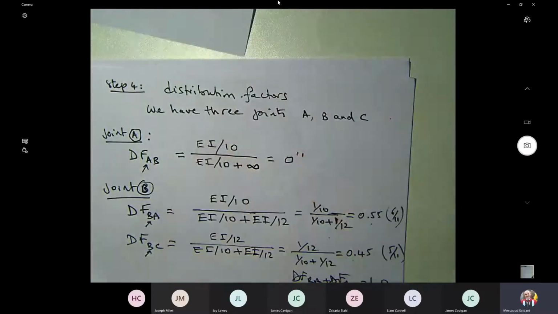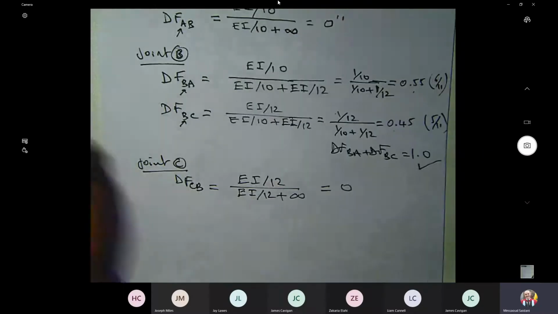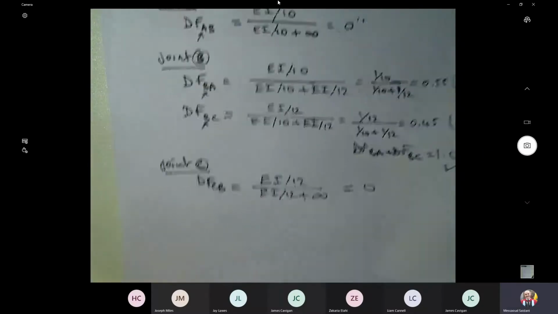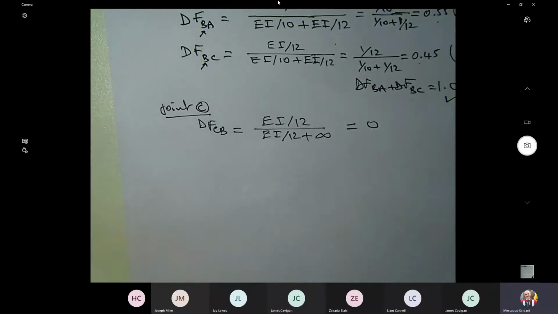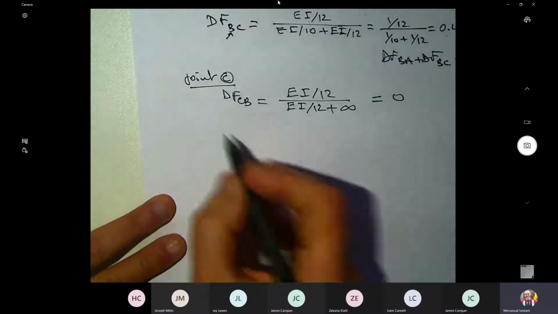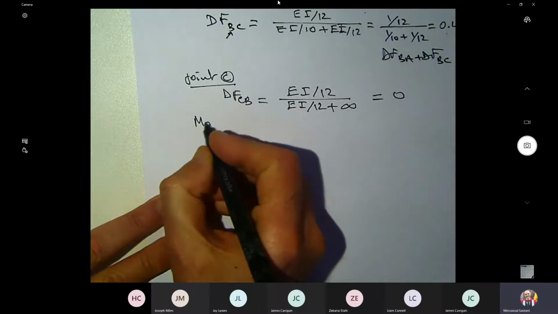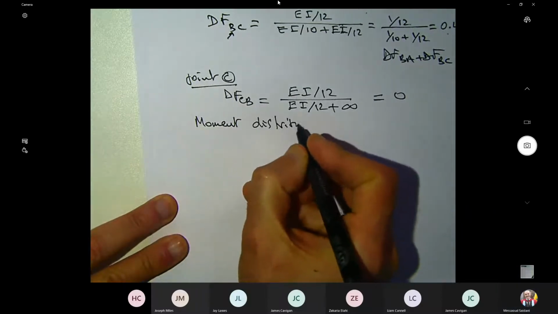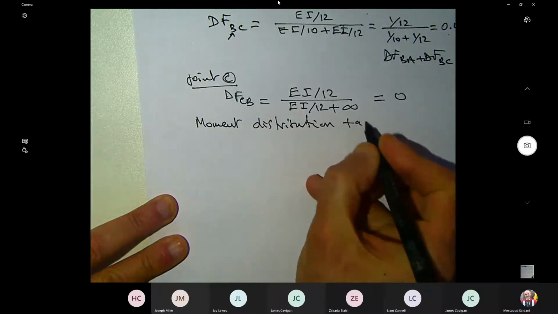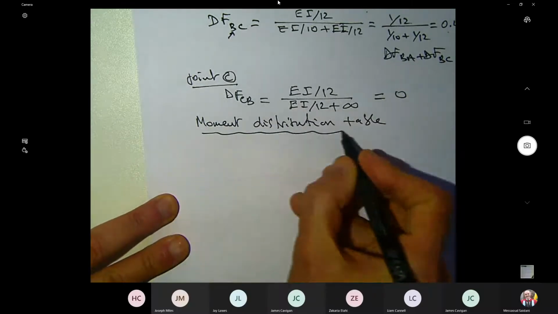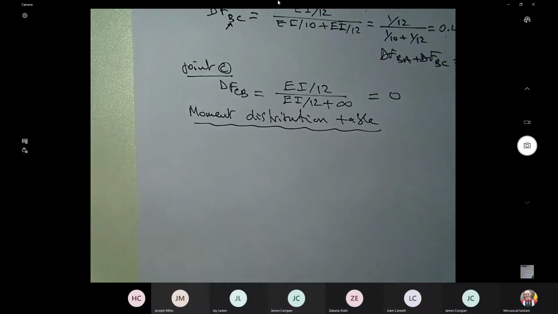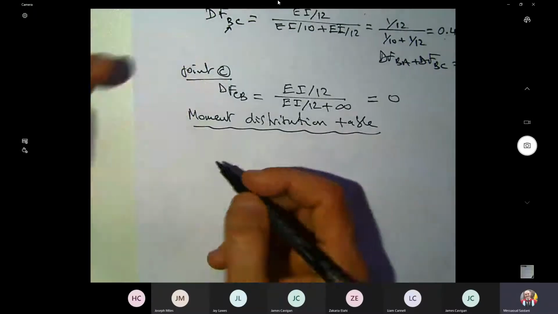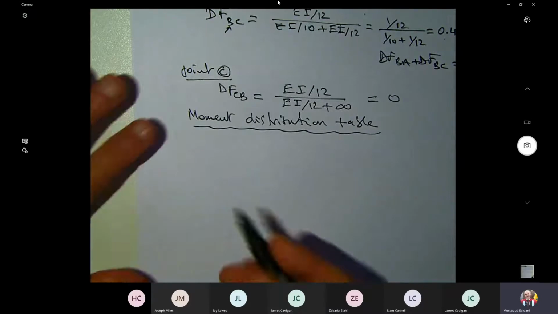So let's do it. How do we do that now? I think there is enough space here. We do what we call the moment distribution table. I need your attention here, please. So now we draw a table.